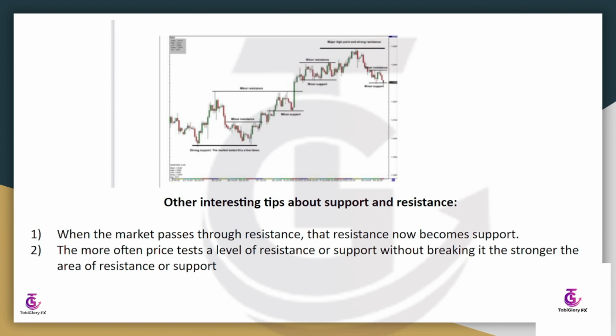Other interesting tips about support and resistance. Number one, when the market passes through resistance, that resistance now becomes support. A breakout and retest. Let's say this is our resistance. If the price passes through it and retests, now this resistance returns to support.